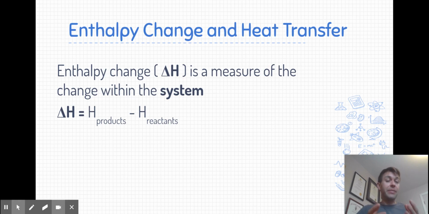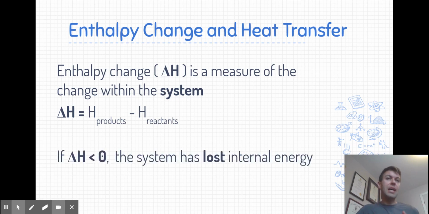Delta is a difference, and it's the difference between the products and reactants. So specifically, it's the enthalpy of the products subtract the reactants. If the products have a lower internal energy than the reactants, then that delta H value is going to be less than 0.